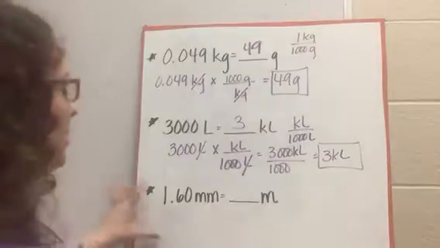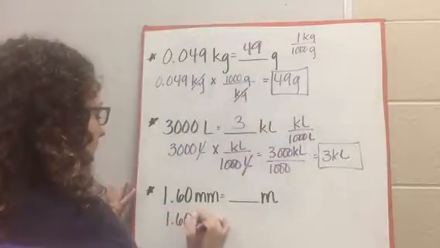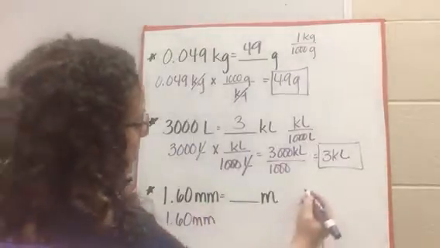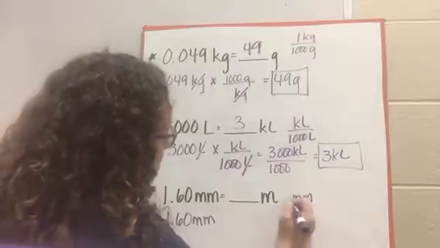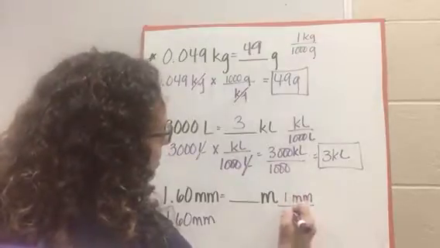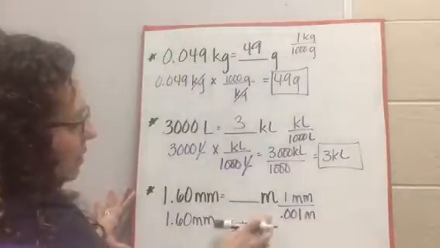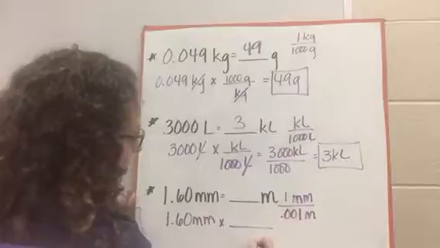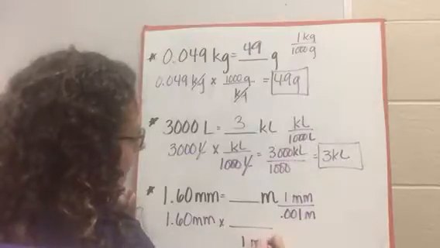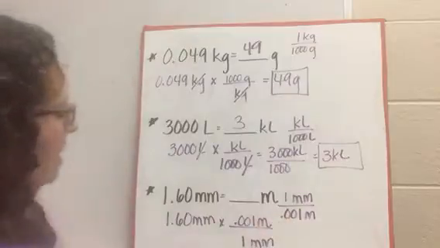Okay, one last problem. We have 1.60 millimeters. So again, I'm just going to mentally put that 1 millimeter is 0.001 meters. And so I'm going to switch this so that my millimeters is at the bottom and my 0.001 is at the top.